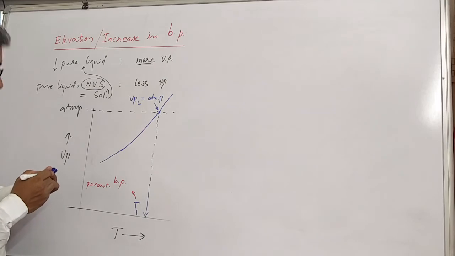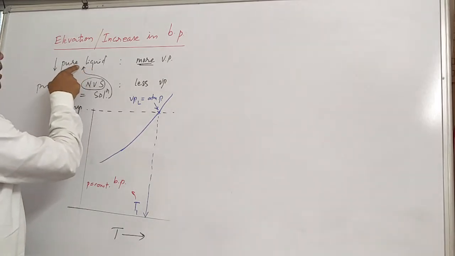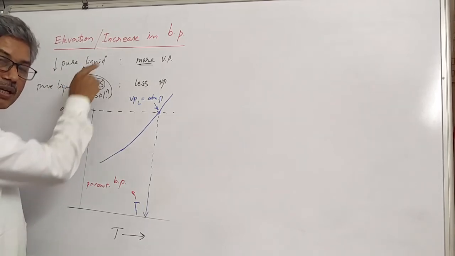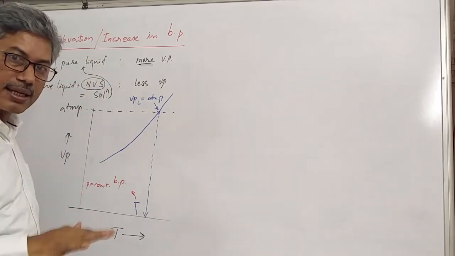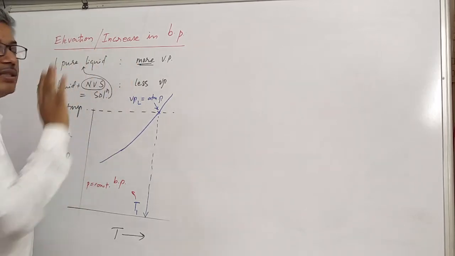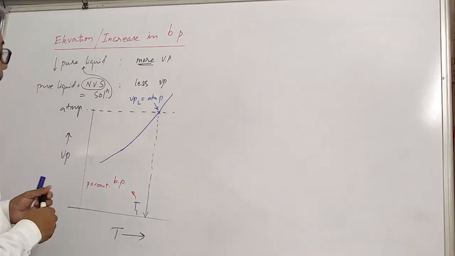Now, what we have noticed is here, whenever a non-volatile solute is added to pure liquid, it will become solution, isn't it? And its vapor pressure compared to pure solvent, what happens? It will decrease. See here, solution's vapor pressure will be less than the solvent's vapor pressure. Therefore, now we represent that.